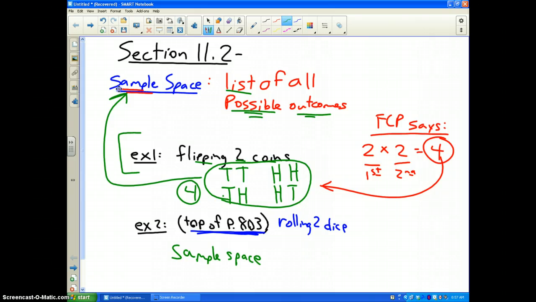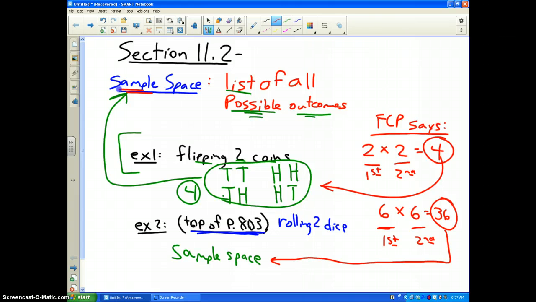Most people assume there are 12 outcomes when you roll two dice, but that's not what the fundamental counting principle says, because when you roll the first die, you get 6 possible numbers. And when you roll the second die, you also could get 6 possible numbers. And when you times those together, you get 36. There are 36 total outcomes in the sample space when you roll two dice. Make sure you memorize that.